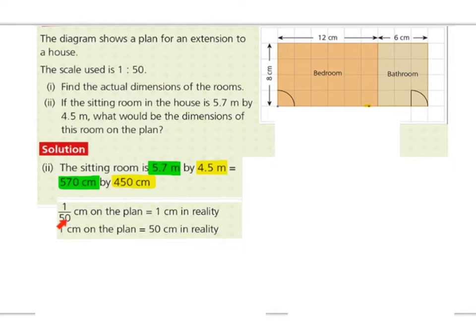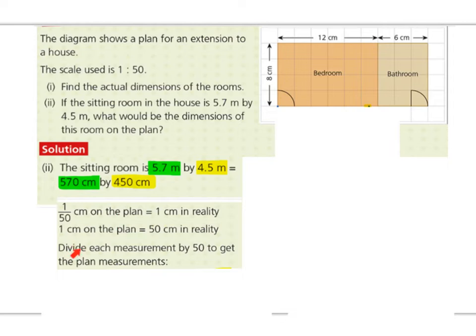So 1 divided by 50 centimetres on the plan is 1 centimetre in reality. Remember, if we're going from the real measurements down to the plan, going from big to small, we're dividing. So 1 centimetre on the plan is 50 centimetres in reality. So we do the opposite to part 1.